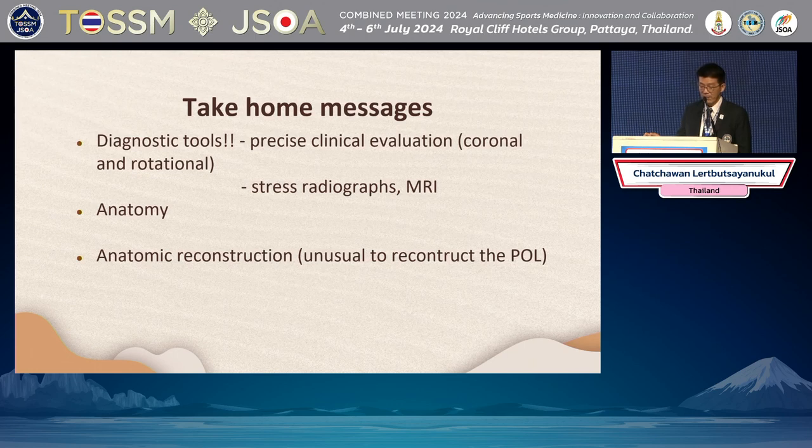But unfortunately, it is unusual to reconstruct the posterior oblique ligament or the posteromedial corner. Instead, my approach is to plicate or retension the existing POL tissue as much as possible and supplement with tendon reconstruction.